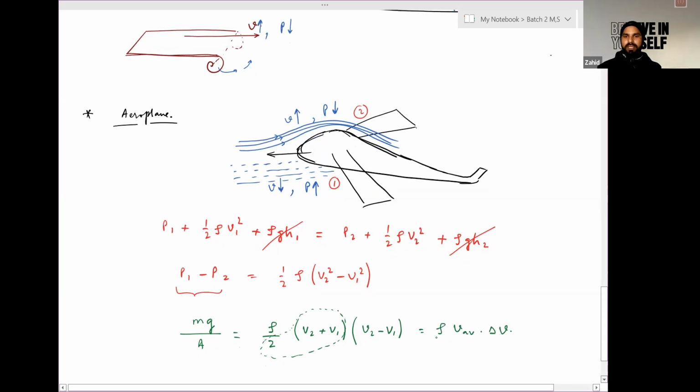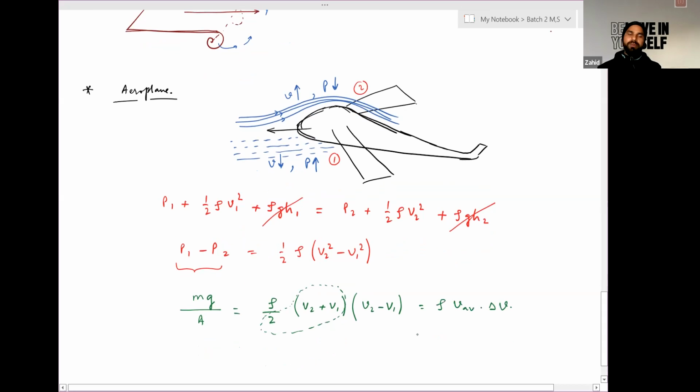So you have to calculate the change in velocity between the lower end and upper end in this entire motion, which will be capable of uplifting this system. So change in velocity will be equal to mg divided by rho A V average.